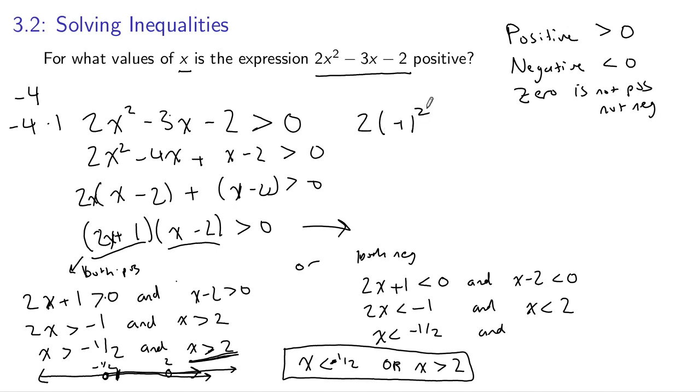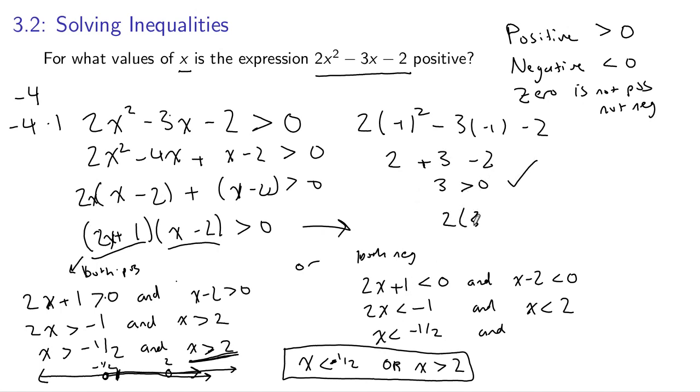2 times negative 1 squared, minus 3 times negative 1, minus 2. Negative 1 squared is 1, gives us 2. Negative 1 times negative 3 is plus 3, minus 2. 2 plus 3 minus 2, so we're left with just 3. And 3 is positive. So that checks. Now let's try a number greater than 2. Let's try 3.